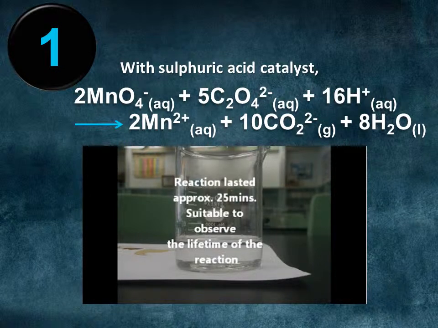Firstly, potassium permanganate reacts with sulfuric acid, and one of its products is manganese heptoxide. Secondly, the manganese heptoxide will oxidize the oxalic acid to carbon dioxide. This intermediate step is not included in the reaction formula.